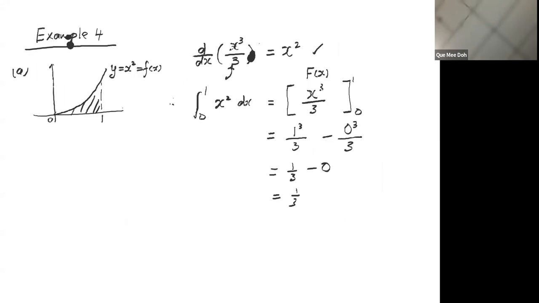Okay, should I do part B for you to see example 4? I think no need, correct? You can understand, correct? The way I write and the way your book write is almost the same. It's just that I write using a square bracket. You can write like your book, or you can write like me.